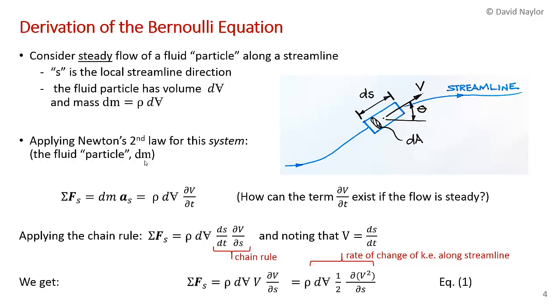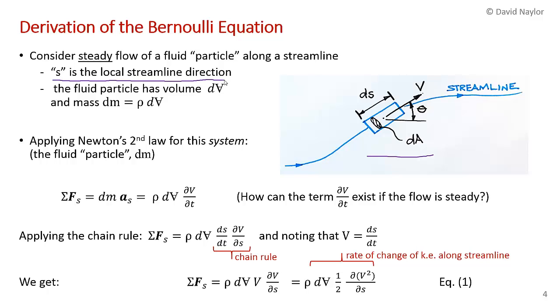So what we're considering here is flow along a streamline. And over on the right-hand side, I've drawn a little fluid particle. So a little mass of fluid, incremental or differential mass of fluid that we're going to follow along as it flows along a streamline. And s is the local streamline direction here.